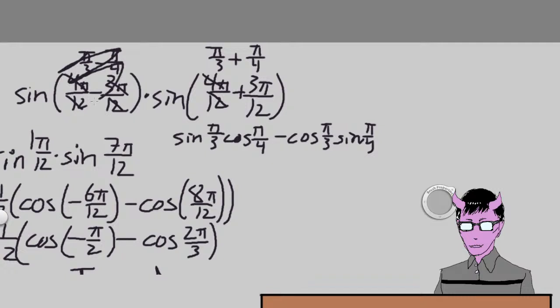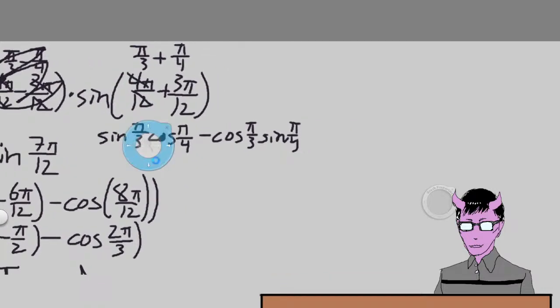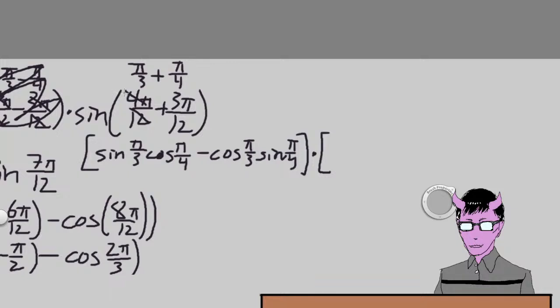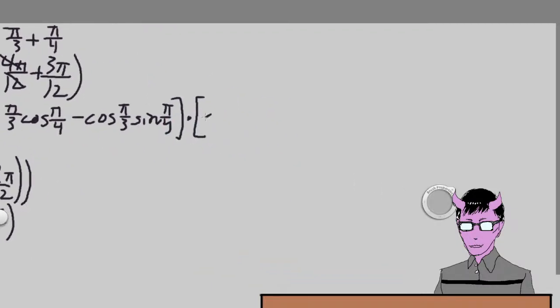So this first part is finished. And close the brackets. And this is now the second factor to contend with. Also putting in brackets sine, cosine, cosine, sine with a plus. Plus.